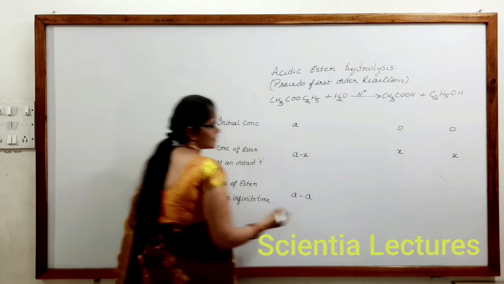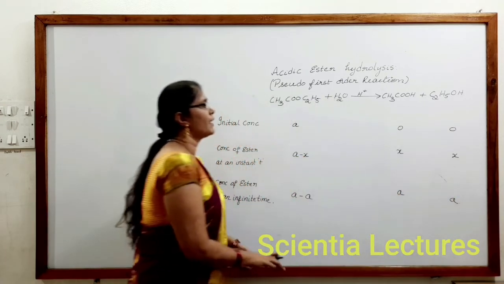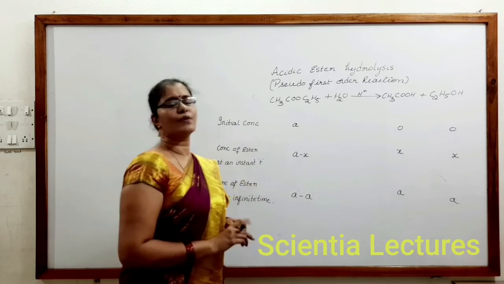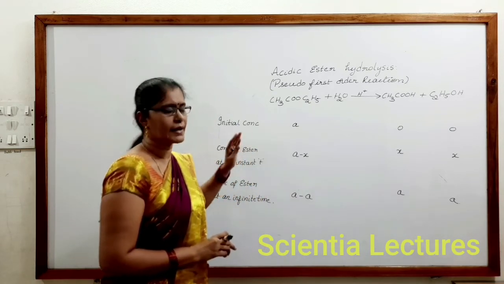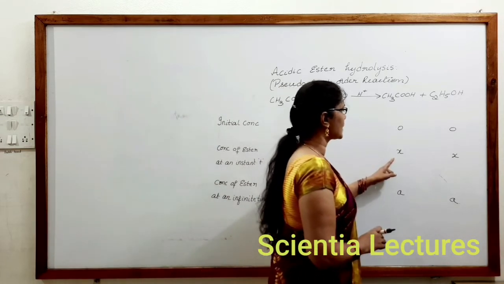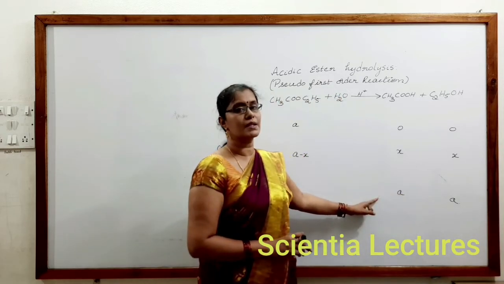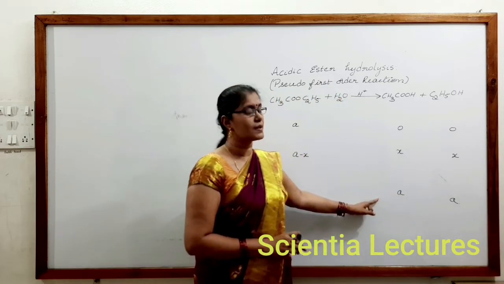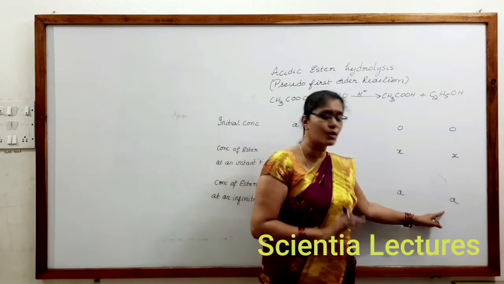This would be A minus A, this amount would be A, this amount would be A. So remember, the concentration of H plus will not vary at different conditions because it is a catalyst. The concentration of CH3COOH at an instant T is X and alcohol is also X. The concentration of CH3COOH at infinite time is A and the concentration of alcohol at infinite time is also A.